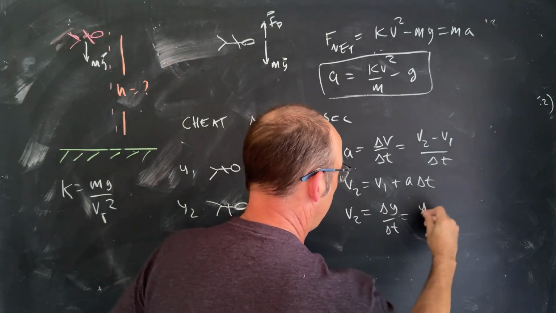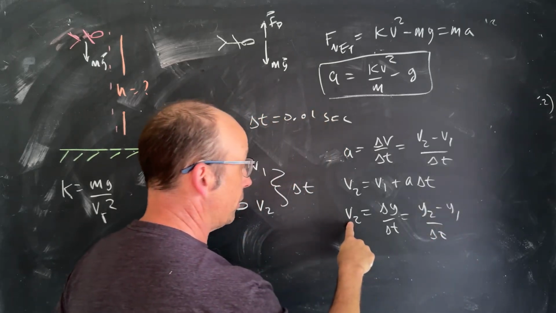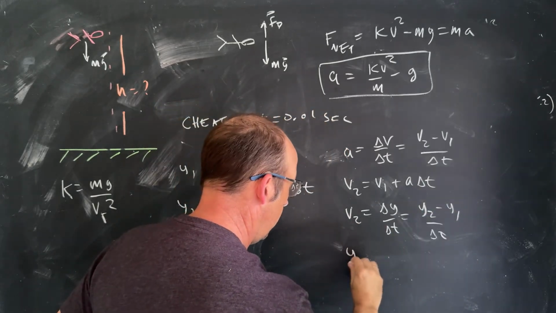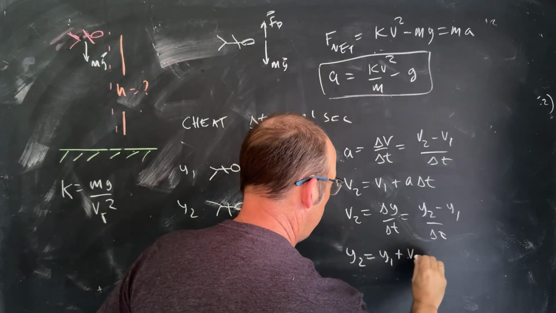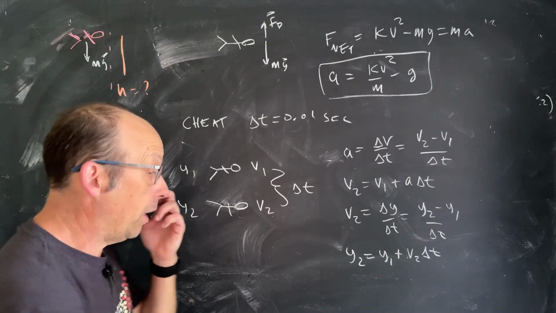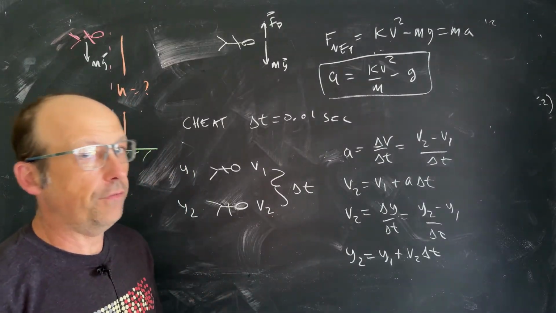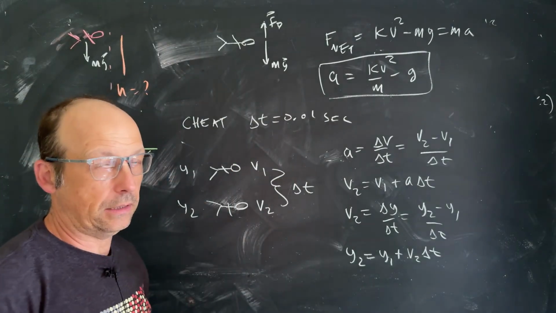But again, I can write that as y2 minus y1 over delta t, multiply both sides by delta t, add y1, I get y2 equals y1 plus v2 delta t. So what I've done is find the new position and velocity for the falling Buster after 0.01 second.